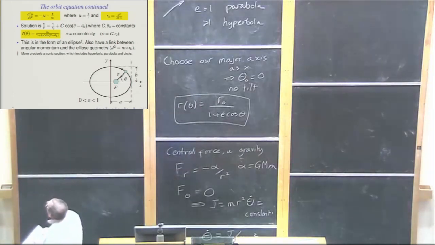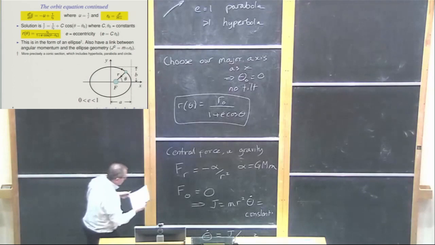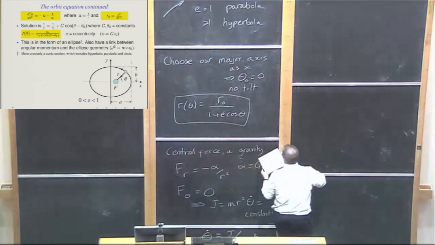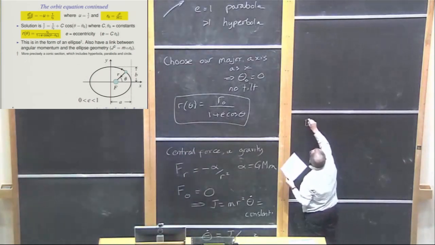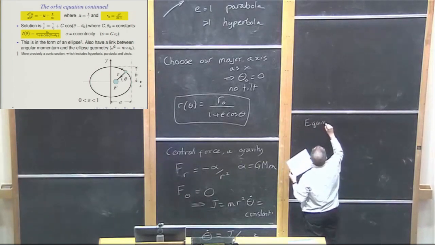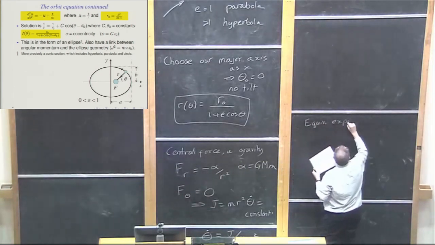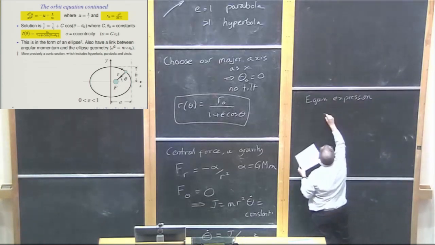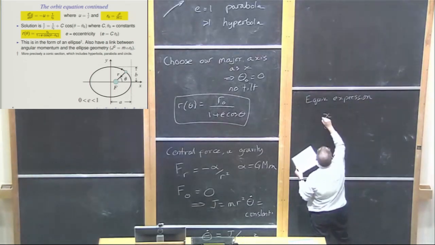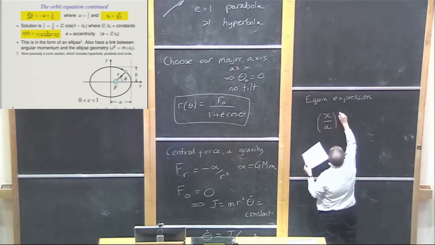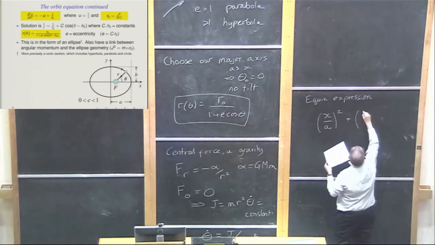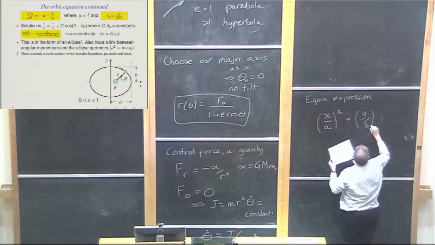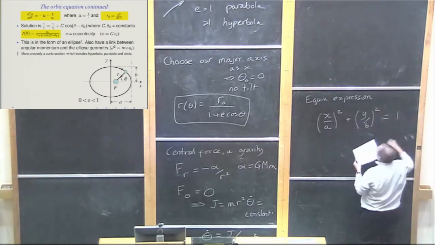Okay. So you might say, well, okay, you tell me this is the form of equation for an ellipse, but I thought I've seen an expression before. There's various expressions, but just to write down the one you've seen before, which is the Cartesian one, that is x over a squared plus y over b squared equals 1.